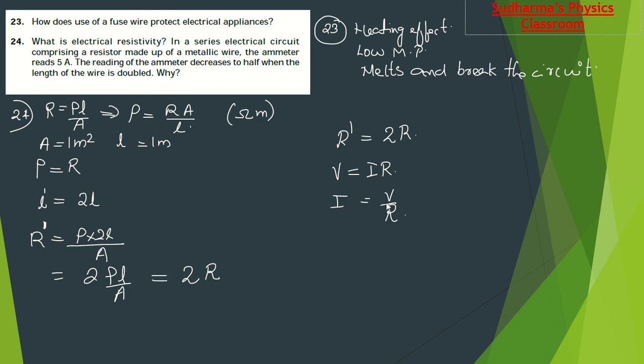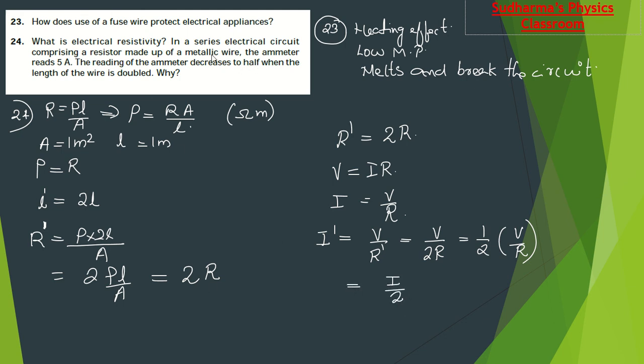So I is equal to V by R, and the new current I dash is equal to V divided by R dash, that's V divided by 2R, which is 1 by 2 of V by R. V by R is I, so half of the current.